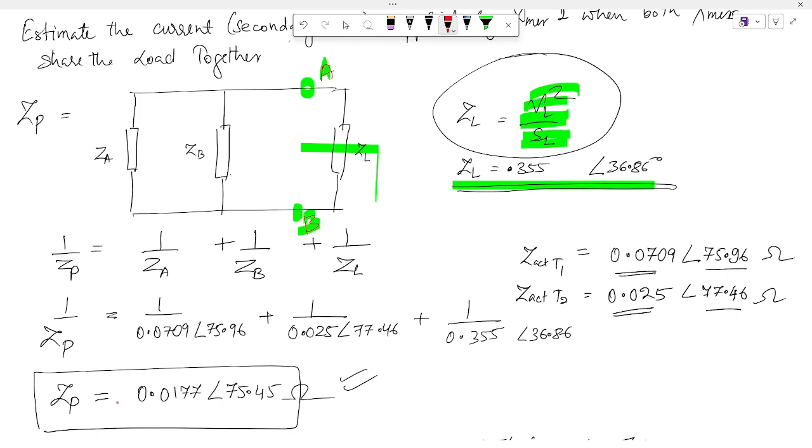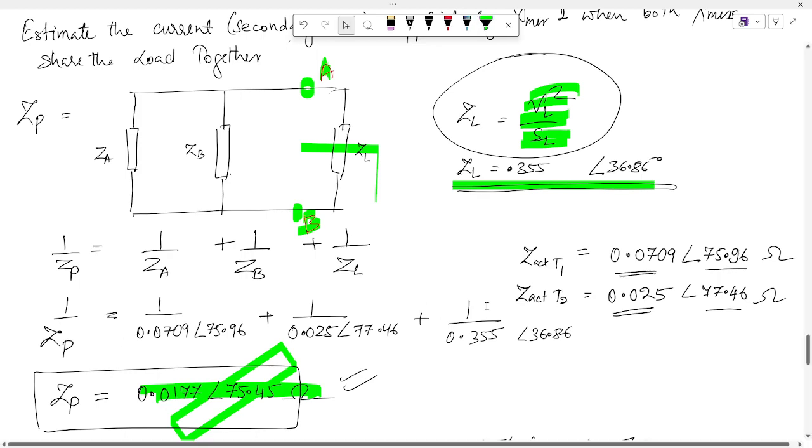After calculation, Zp is 0.0177 at an angle 75.45.